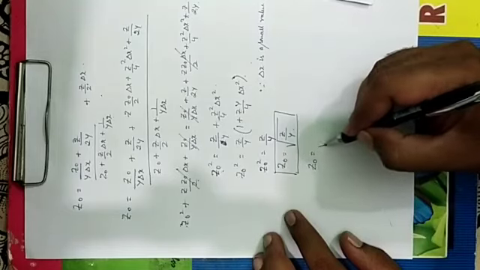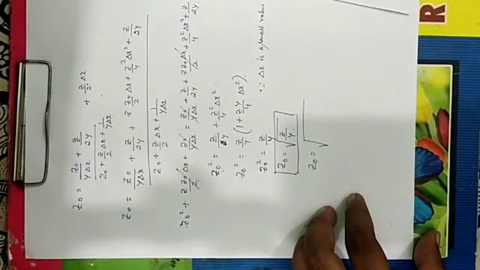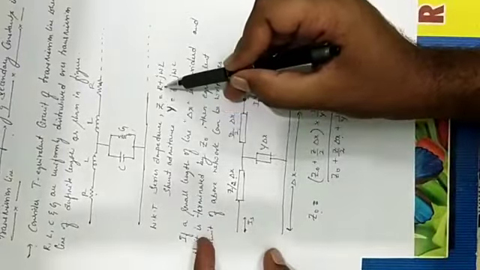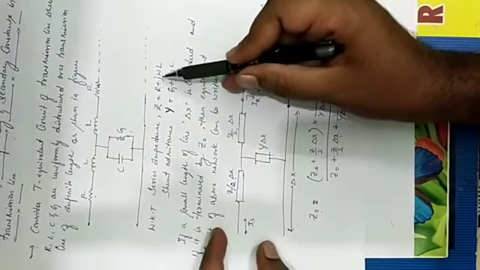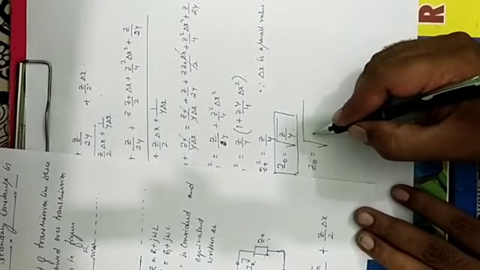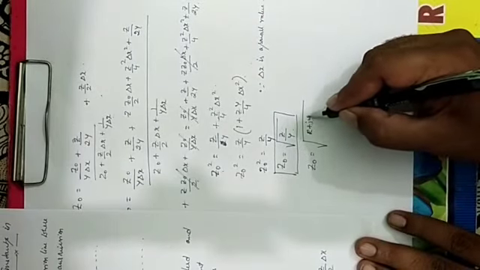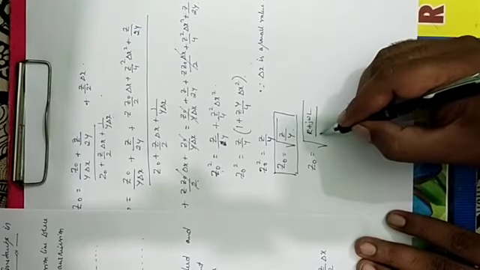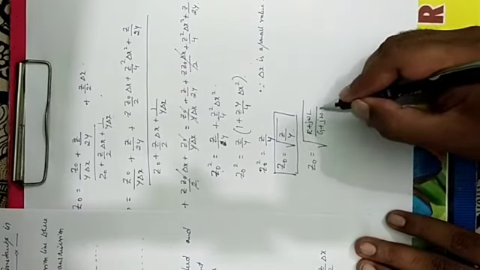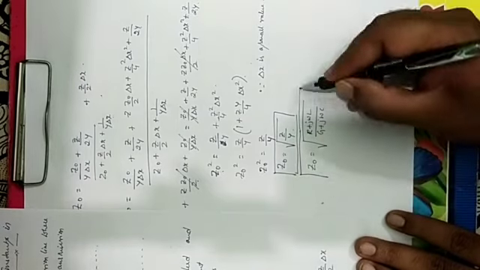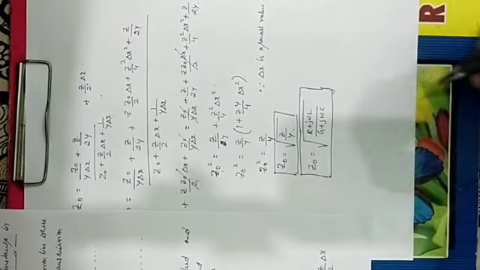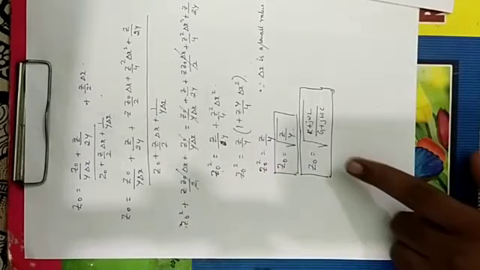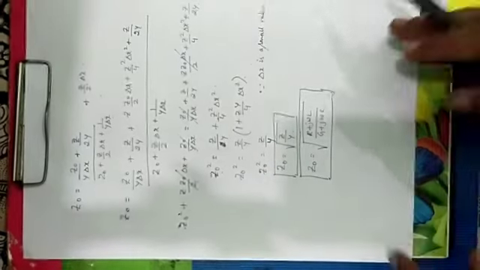As we know, Z is a series impedance, Z is equal to R plus j omega L, and shunt admittance Y is equal to G plus j omega C. From this we can write Z is equal to R plus j omega L, and shunt admittance Y is equal to G plus j omega C. So this is one of the relationships between primary constants and secondary constants, where the primary constants are R, L, C and G, and the secondary constant is Z naught. Okay.